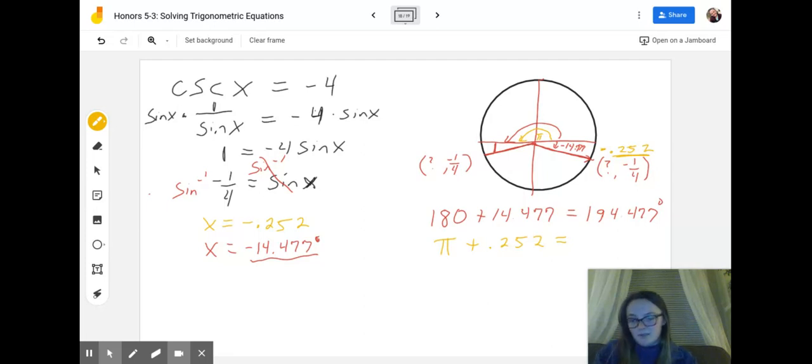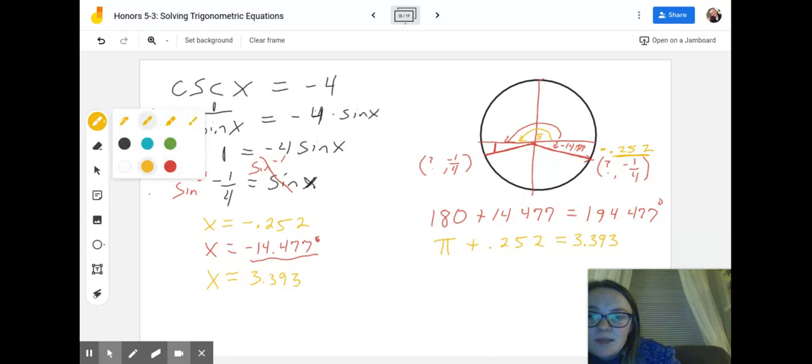Pi plus 0.252 is going to be 3.393 radians. And so if I want to write these answers generically, let me write my x value here again. This is going to be 3.393.